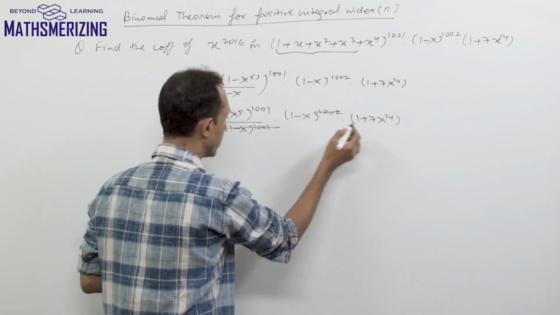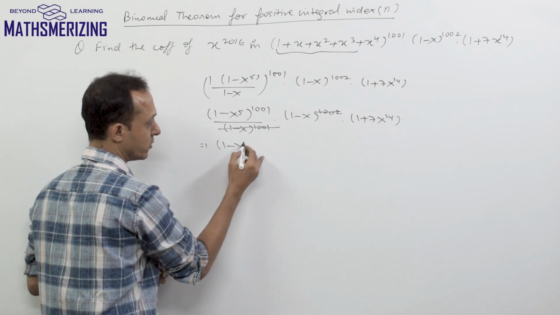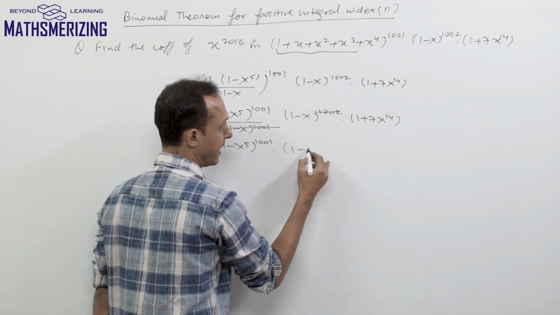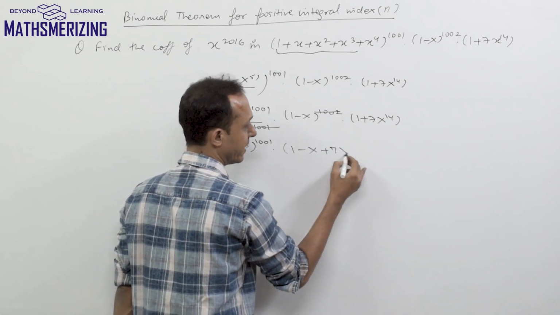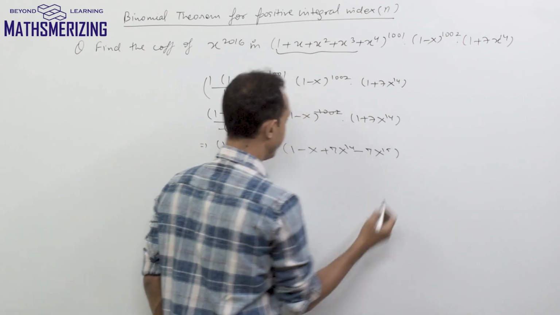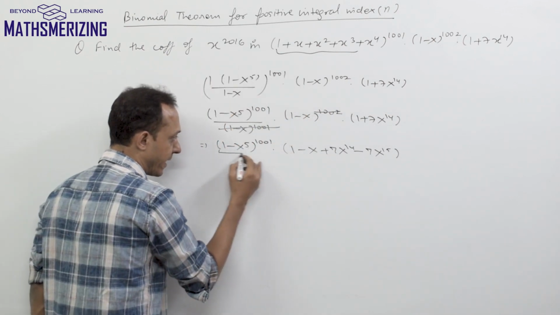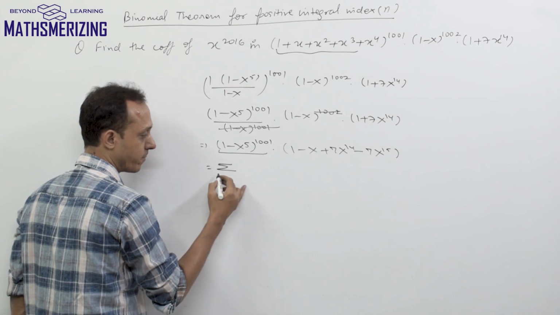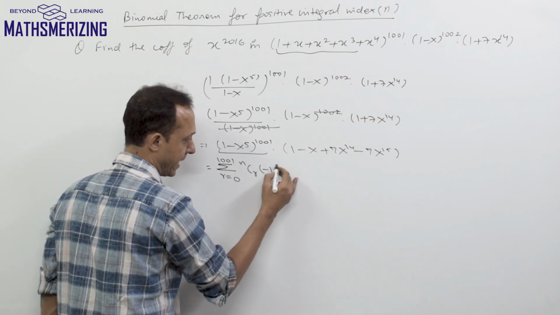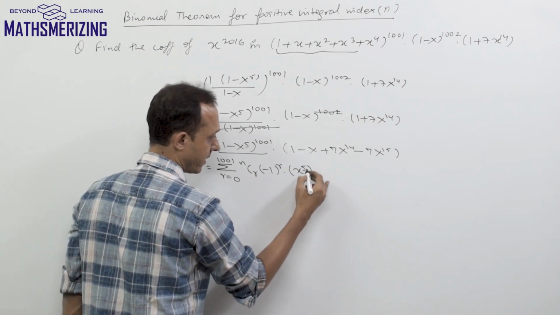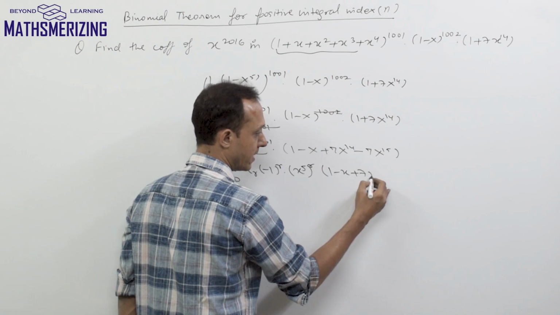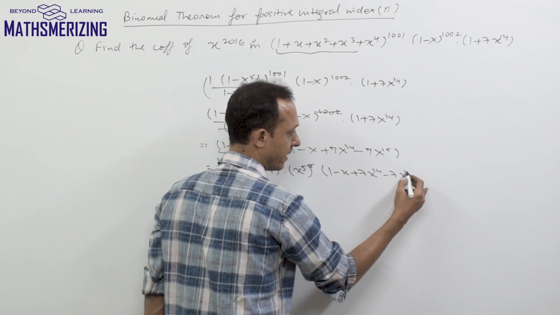Now it gets cancelled, so I'll write it as (1 − x⁵)¹⁰⁰¹, and here if I multiply it, I'll get 1 − x + 7x¹⁴ − 7x¹⁵. Now I can write this expansion as the summation of r from 0 to 1001 of ¹⁰⁰¹Cᵣ (−1)ʳ (x⁵)ʳ, and here I'll get 1 − x + 7x¹⁴ − 7x¹⁵.